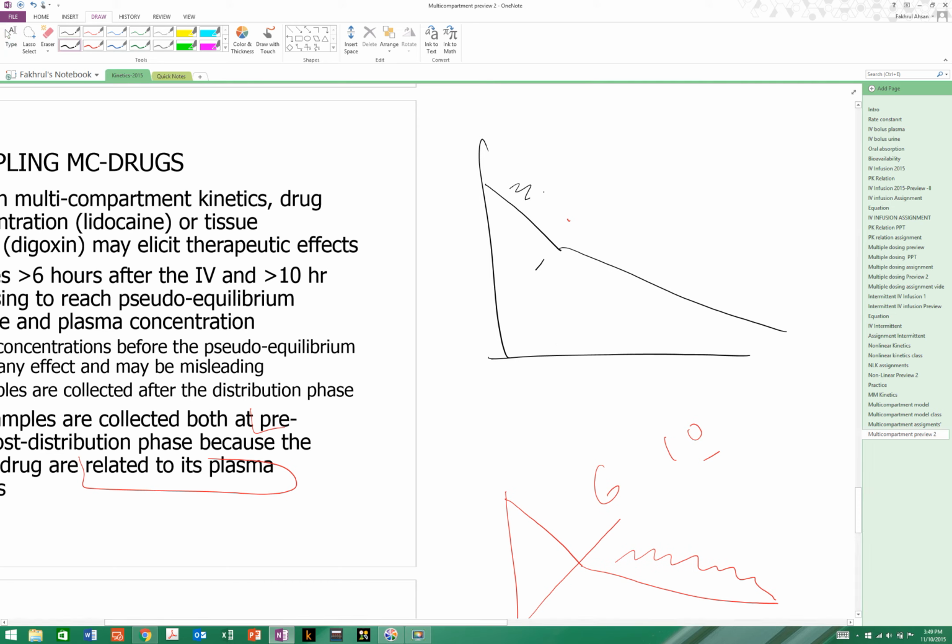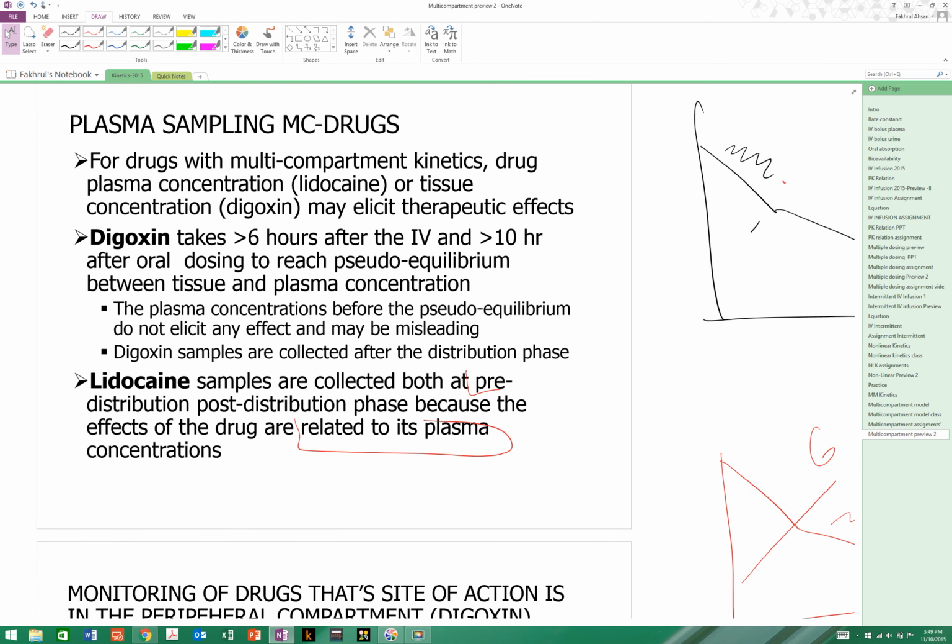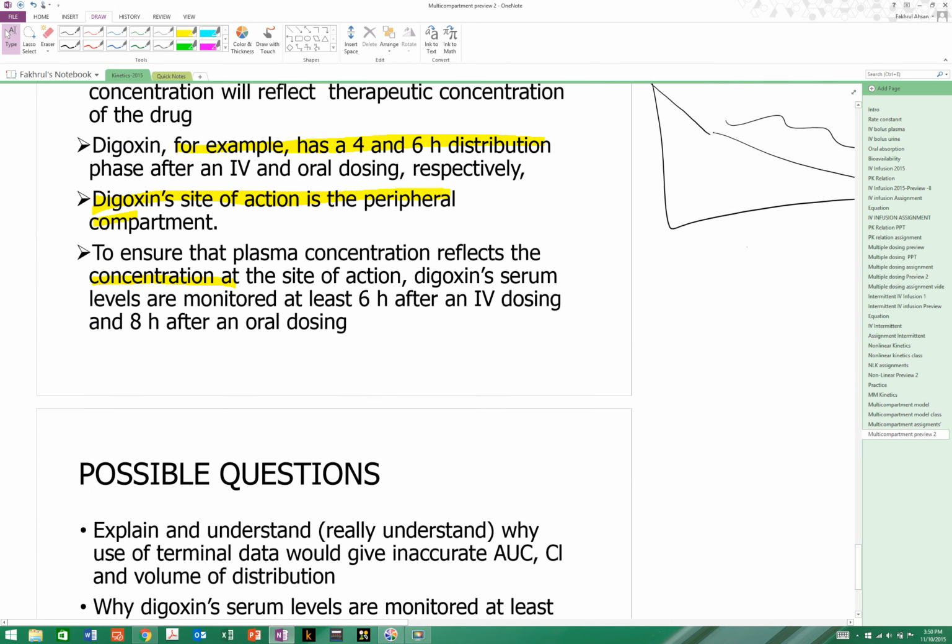You have to monitor here and also here, before and post. I will explain this lidocaine issue, but more important is that lidocaine samples are taken both at pre-distribution and post, because the effects of the drug are related to its plasma concentration. So theoretically it works in the central compartment.